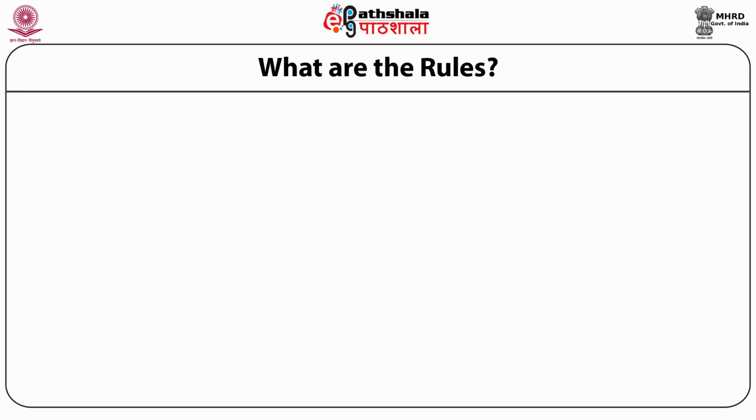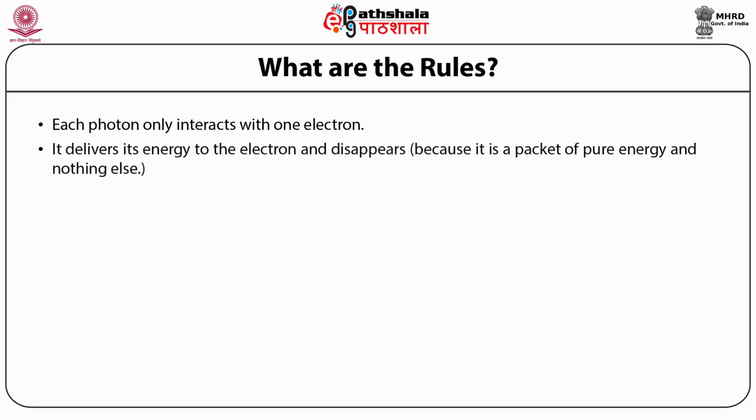Now, what are the rules? There are certain rules which should be obeyed by the photon during interaction with other particles. Like, each photon only interacts with one electron. It delivers its energy to the electron and disappears, because it is a packet of pure energy and nothing else, so it disappears after transferring the energy.